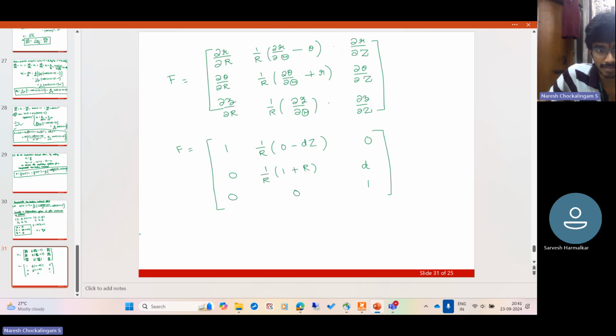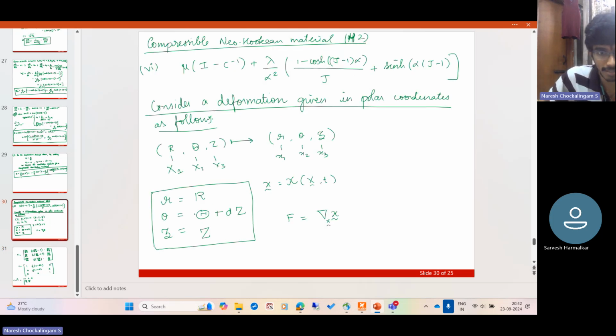Now look at C, which is F transpose F. F transpose F is 1, 0, 0, minus dz by r, 1 plus r by r. Small theta is capital theta plus dz.